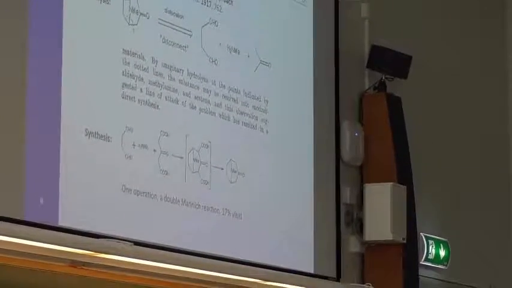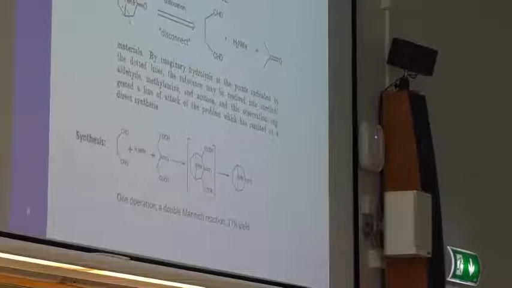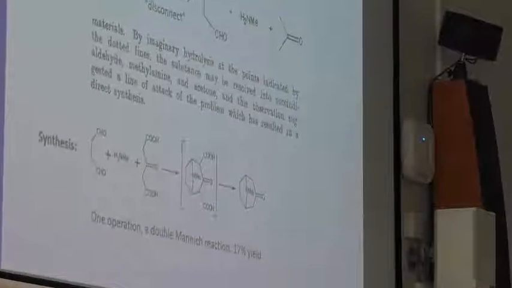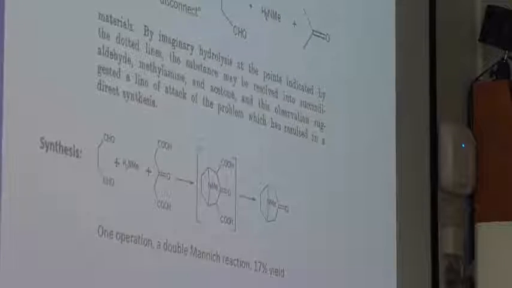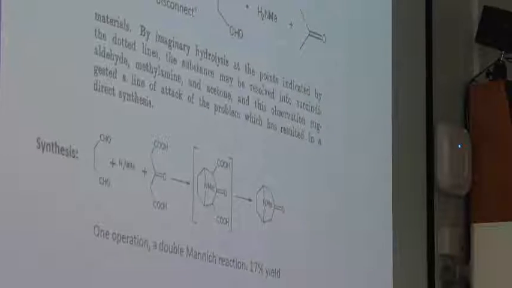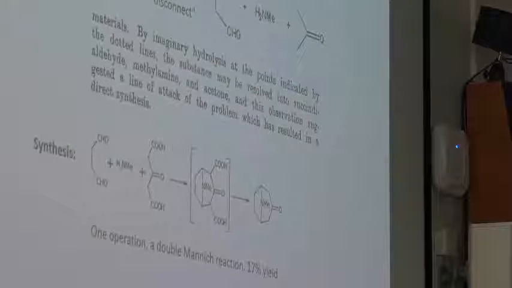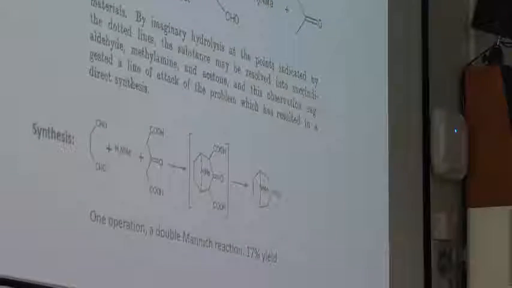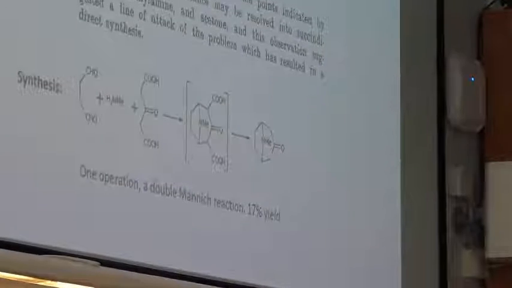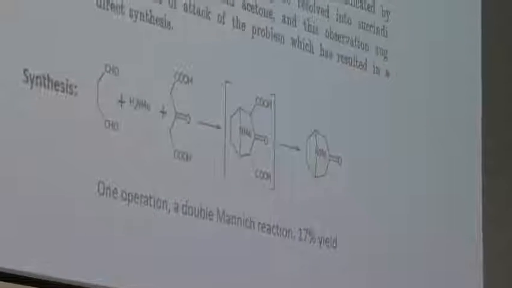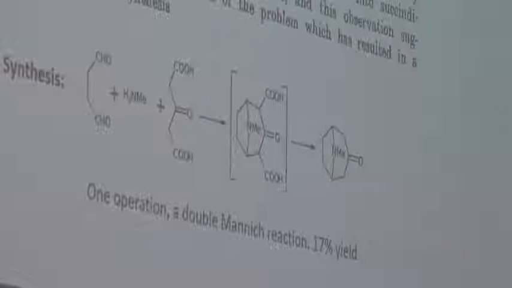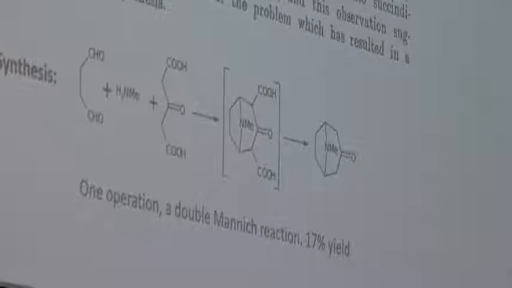Here, tropinone was synthesized in one operation by heating an aqueous solution of 3 simple starting materials in a double Mannich reaction. As you see, the yield was 17%. Recent work by others has raised the yield up to 90% just by adding some buffer to the reaction solvent.